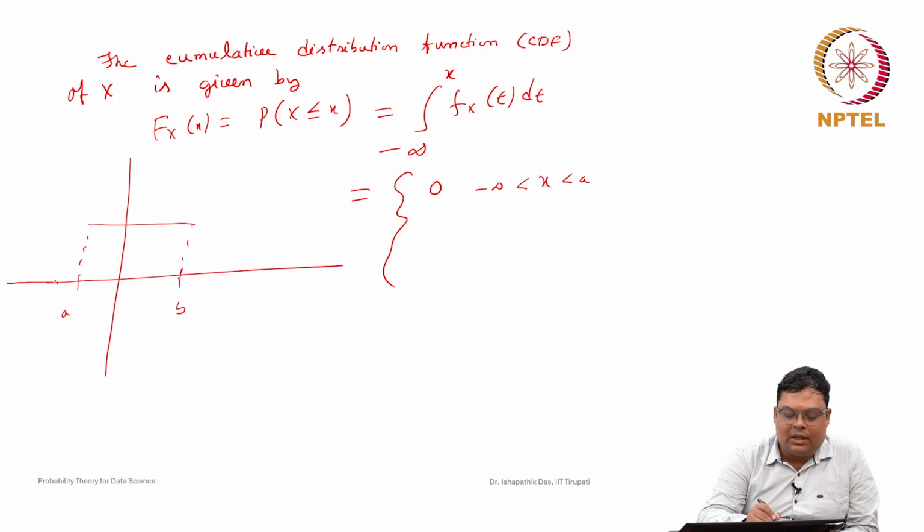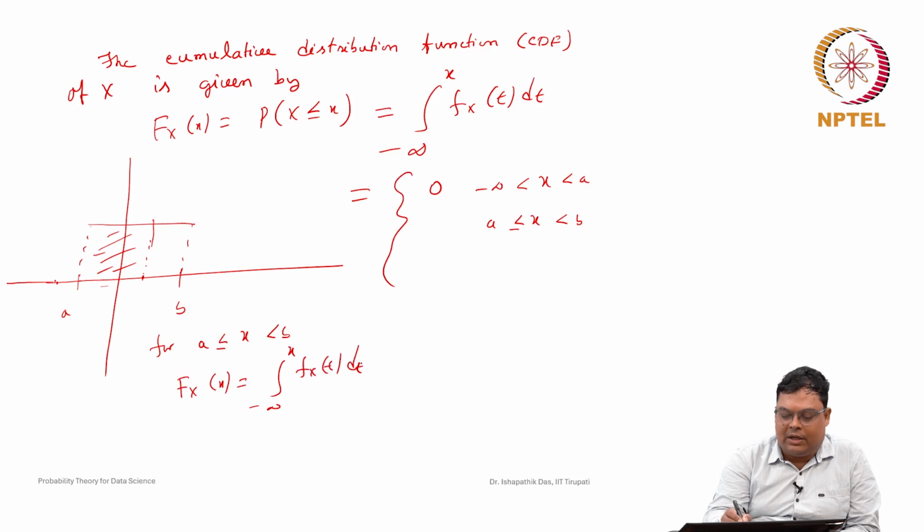Now, whenever x is inside the interval a to b, that is x is greater than or equal to a and less than b, we will do the integration. Suppose x is somewhere here. Then F_X(x) is the integral from minus infinity to x of f_X(t) dt. From minus infinity to a it is 0, so it is nothing but the integral from a to x, because the density is 0 outside this range.